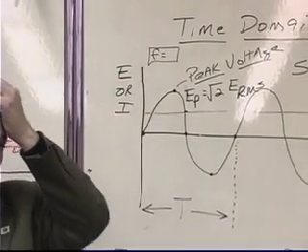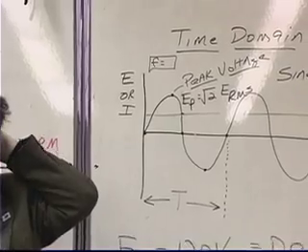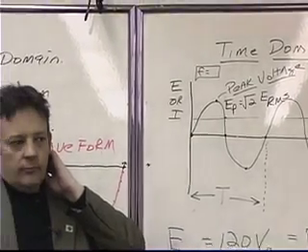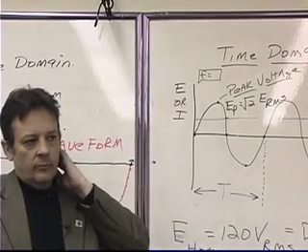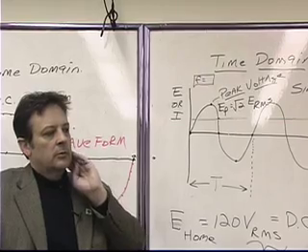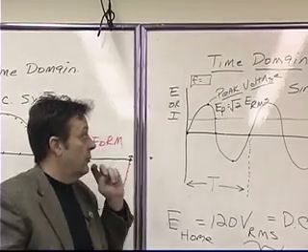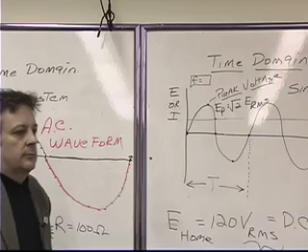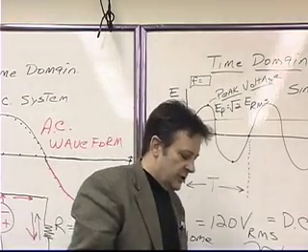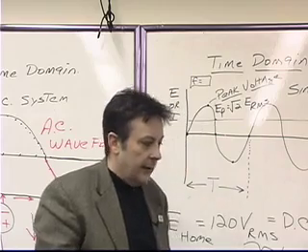Anybody have a calculator? It's always like that. Yes, I have. Anybody have a calculator? What's the square root of 2 times 120? 480. No. What's the square root of 2 times 120?